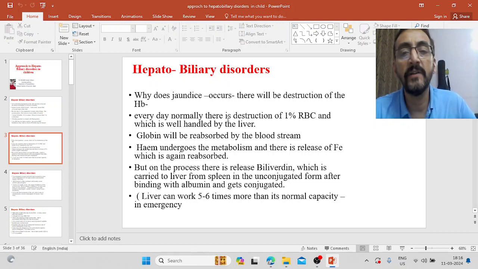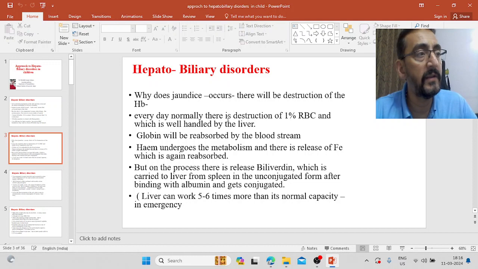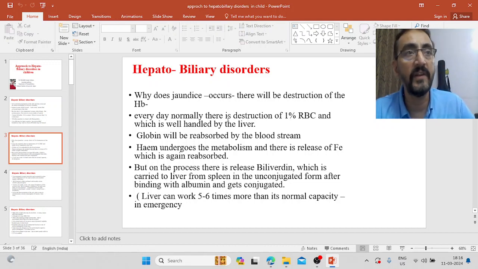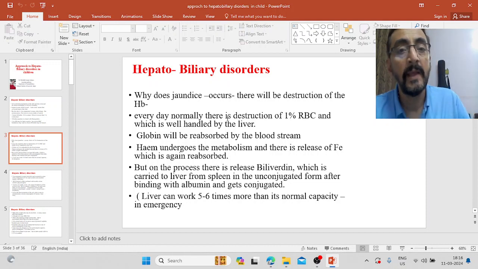Otherwise, also in general, the liver can work about 6 to 7 times more than its capacity in an emergency. Handling 1% of RBC destruction is no issue for the liver at all. Even in case of emergency, if the number increases up to 6 to 7%, the liver is still able to handle this load. There is no problem. But if it is more than that, then the problem starts.